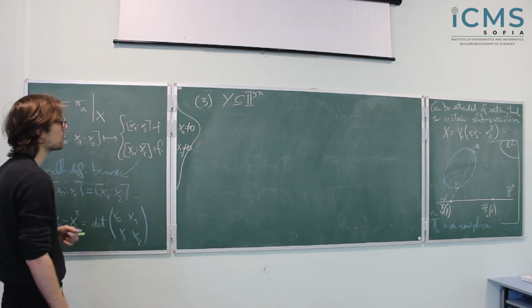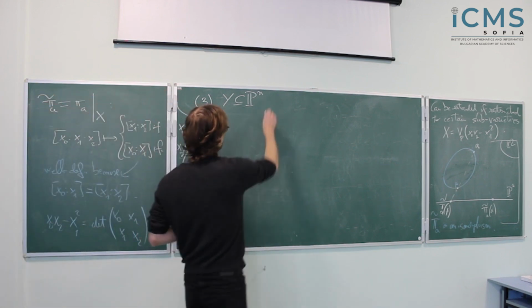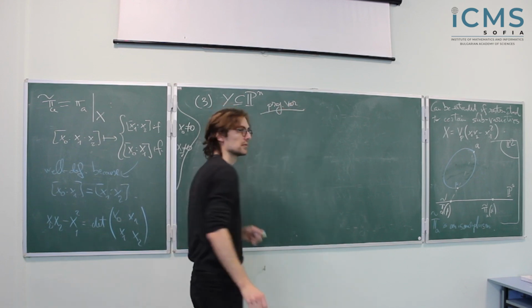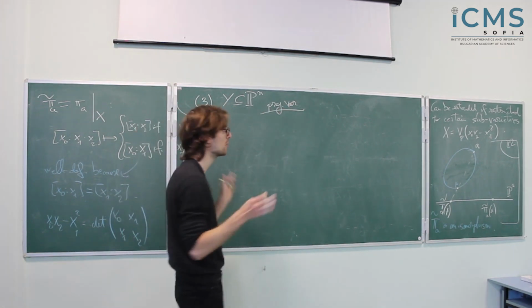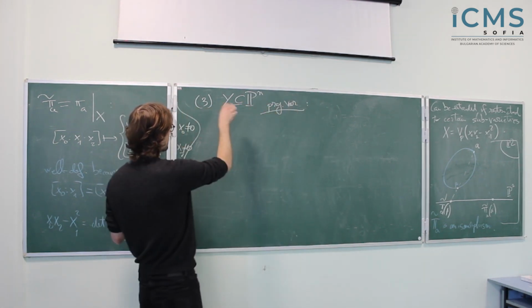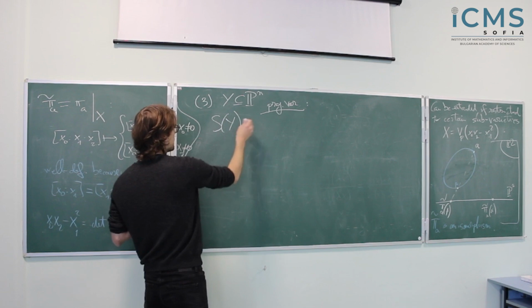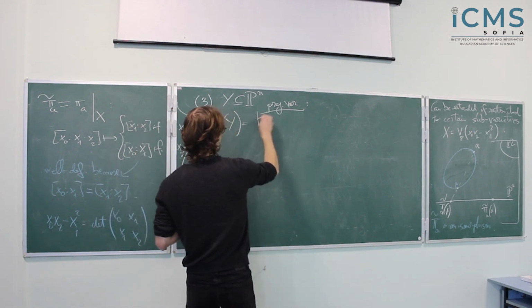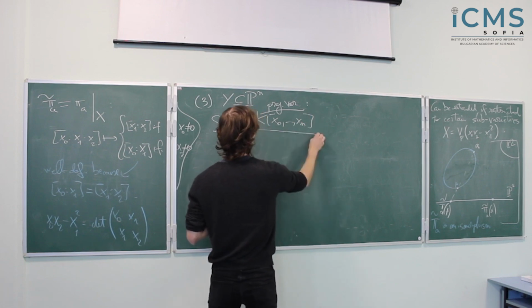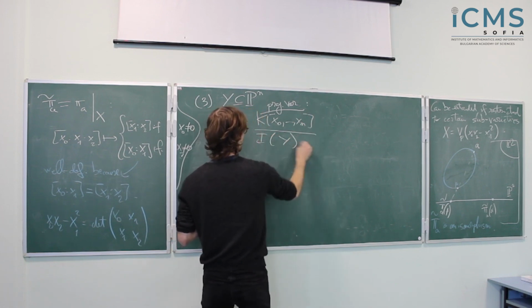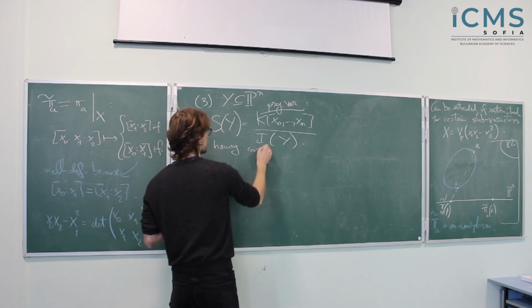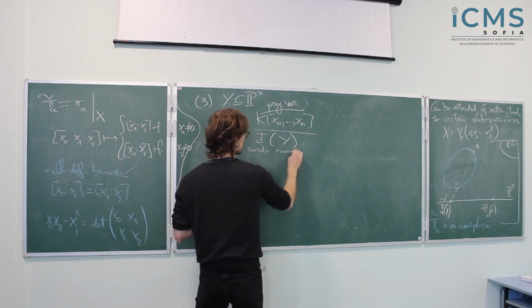Consider Y a projective variety, irreducible, so everything is nice. We will define its homogeneous coordinate ring.